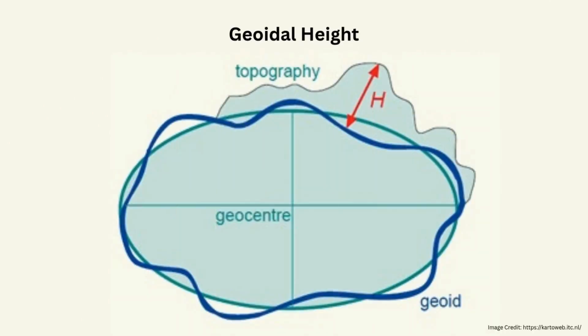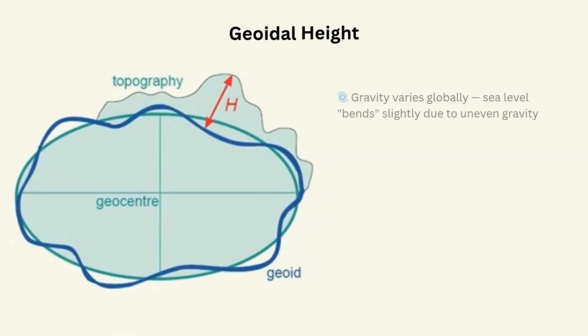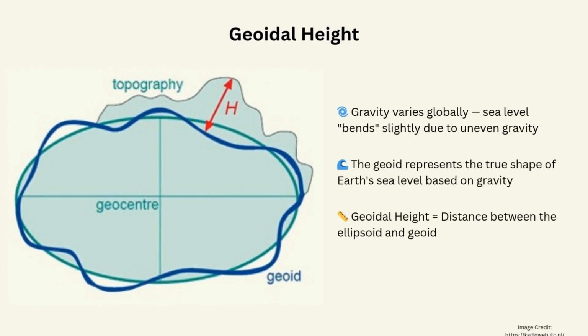Second is geoidal height. It is the distance between the ellipsoid and the geoid at any location. The geoid is a complex but important surface. It represents mean sea level across the globe, affected by gravity variations. Because gravity isn't uniform everywhere, the sea level bends slightly. The geoid accounts for that.